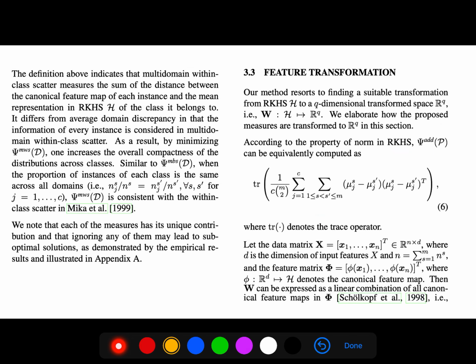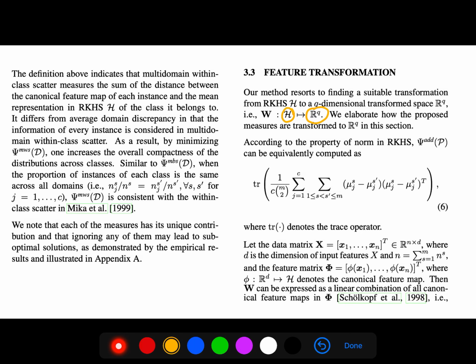So we have a feature transformation. Our method resorts to finding a suitable transformation from reproducing kernel Hilbert space to a q-dimensional transform space. So we go from the Hilbert space to R^q, which is easier to think about.